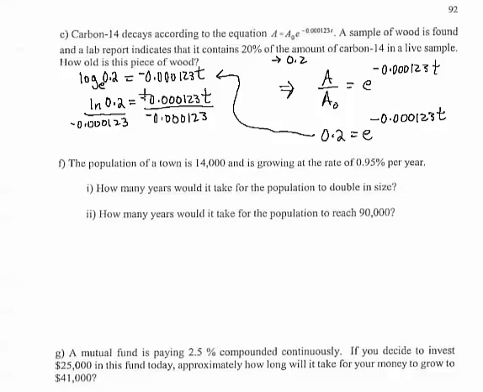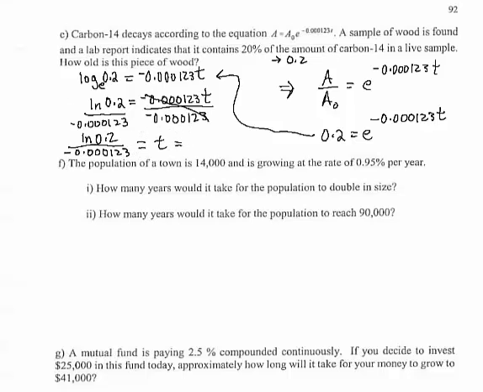On the left side, the 0.000123 and the negatives cancel, leaving t by itself. And here we have as our solution ln of 0.2 divided by negative 0.000123.